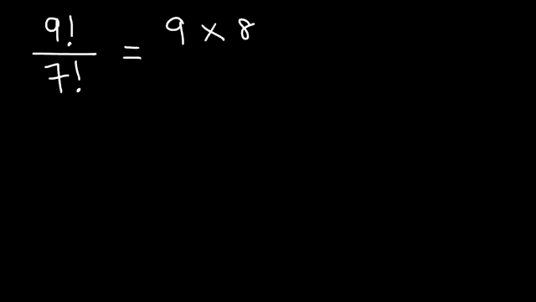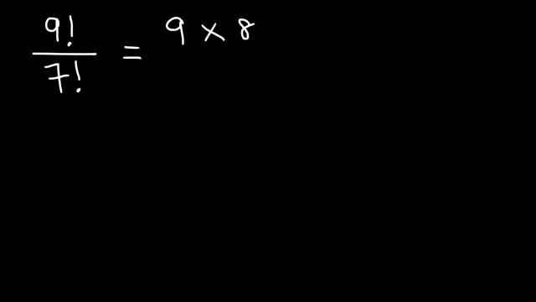Now sometimes you may need to divide by 2 numbers. Let's say if we want to divide 9 factorial by 7 factorial. What's the best way to do this? 9 factorial is 9 times 8 times 7 times 6 times 5 times 4 all the way to 1.